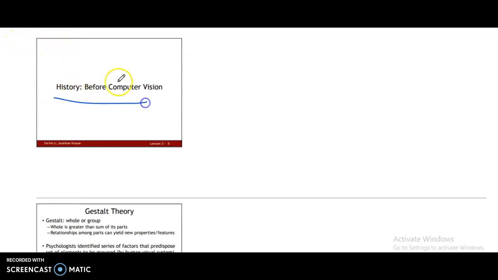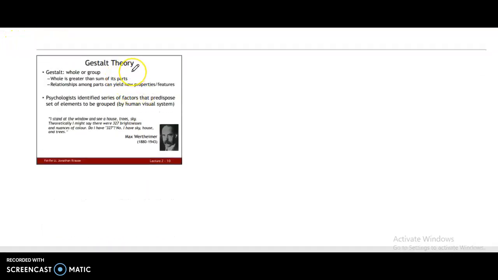History before computer vision: Gestalt theory. Whole or group. The whole is greater than the sum of its parts. The relationship among parts can yield new properties and features.